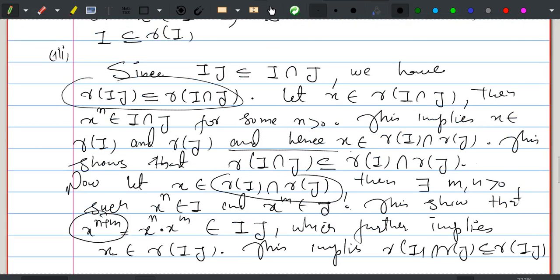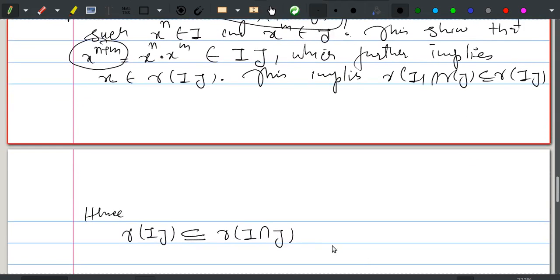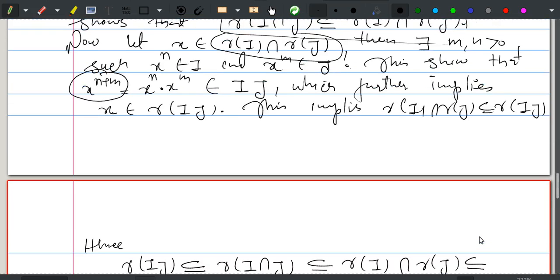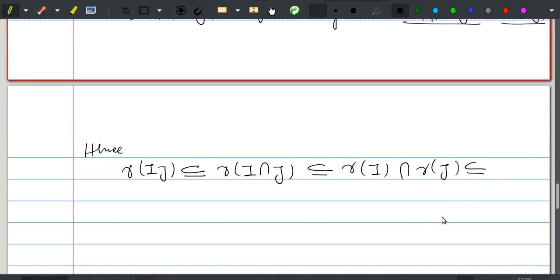Then we see here the radical of I ∩ J is contained in the radical of I intersection the radical of J. So this is further contained in the radical of IJ, because the radical of I intersection the radical of J is contained in the radical of IJ.